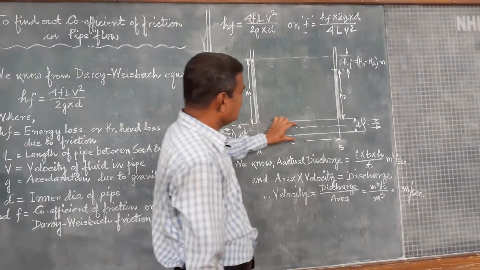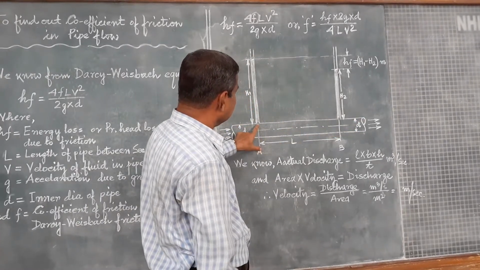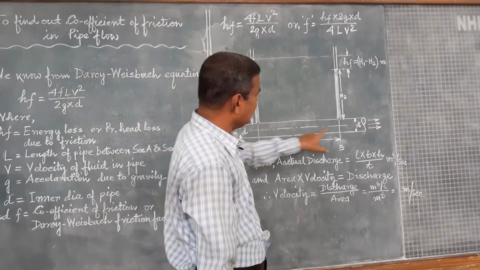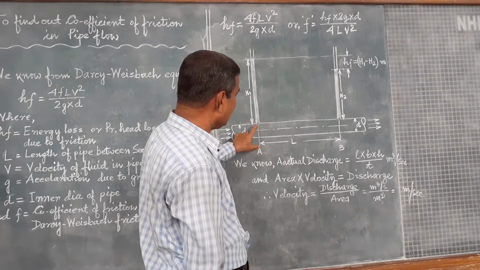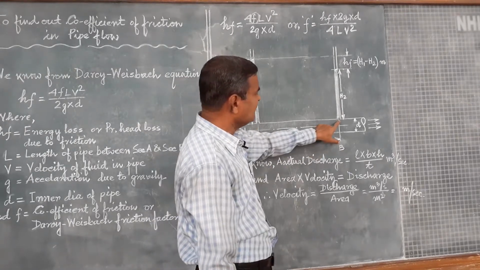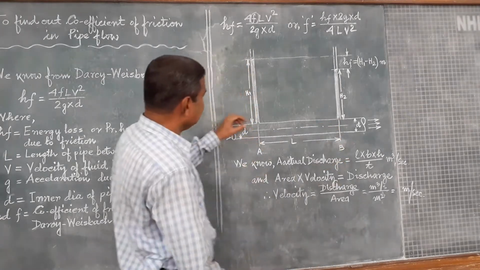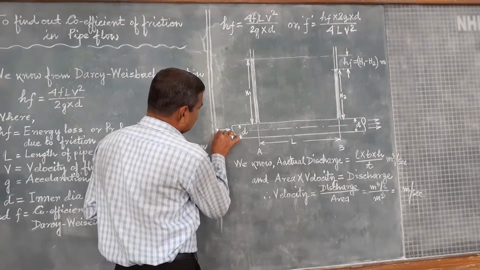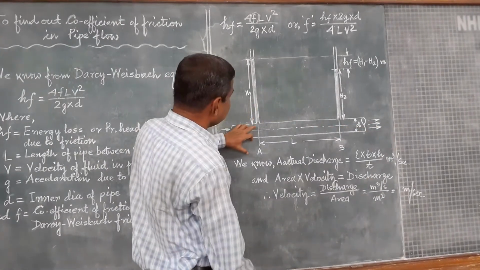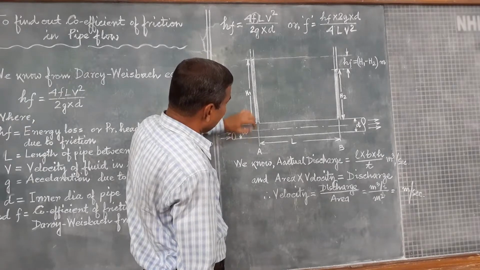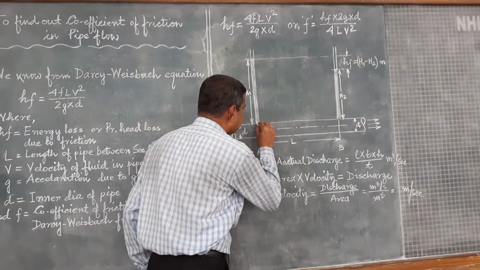This is point A and this is point B. You may call this the entrance section or section A, and this the exit section or section B. If we pass fluid through this way, at point A we make a small hole on the pipe.